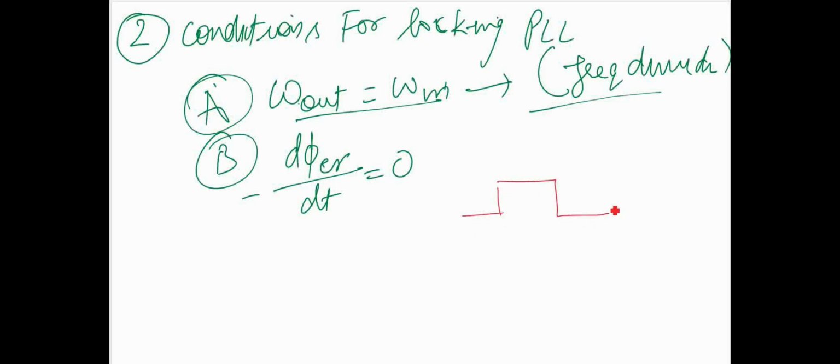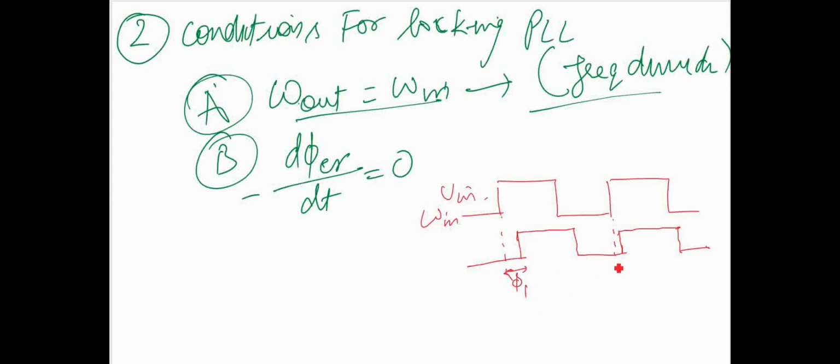So if this is V in, which has the omega in frequency, and your omega out is shifted like this, and then it is like this. Now see, this is phi 1 and this is phi 2. This phi 1 is not equal to this phi 2, so phi error is not constant throughout the waveform of V out.